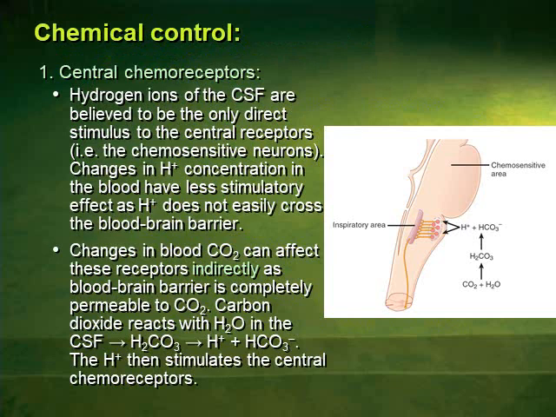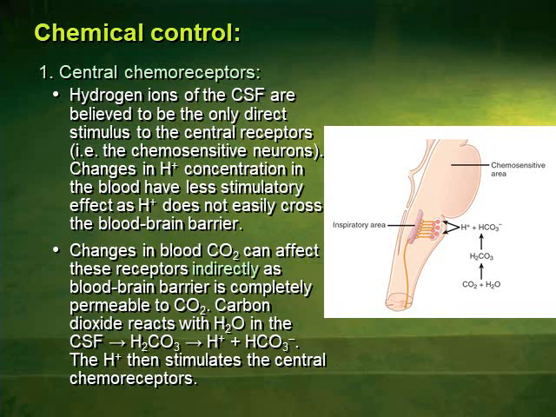The central chemoreceptors. The central chemoreceptors are stimulated exclusively by the hydrogen ion in the CSF. The hydrogen ion of the CSF is believed to be the only direct stimulus to the central receptors.